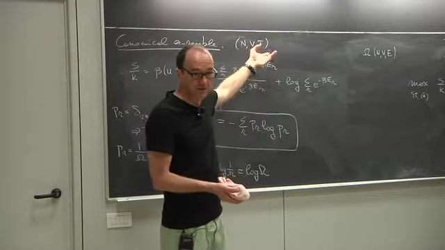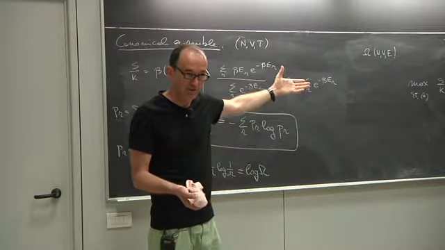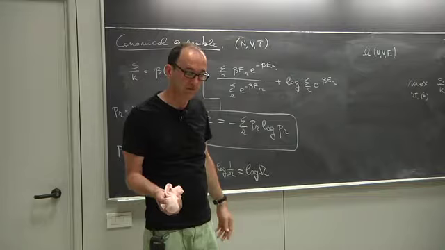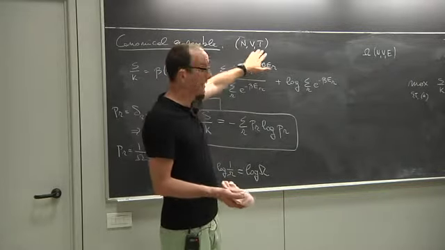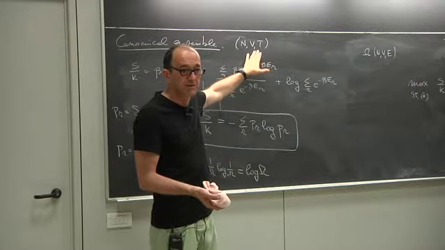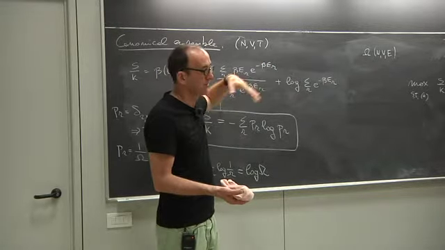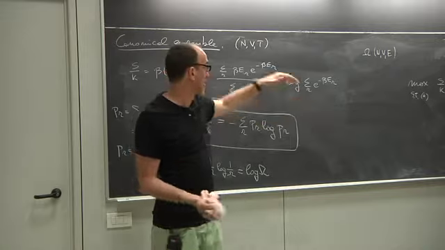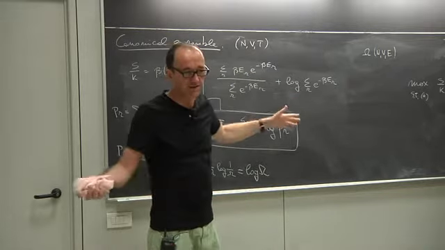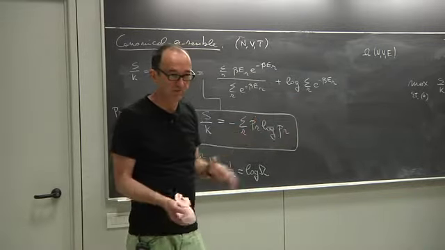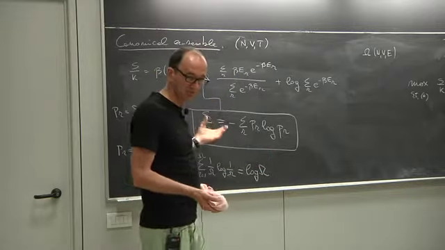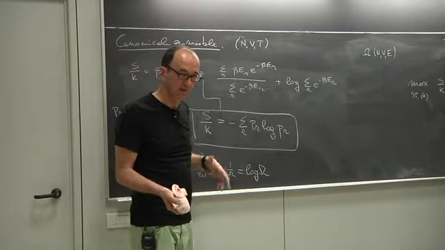This should reflect in the physical condition of my system. So if this is all I know about my system, and all I care about my system, then for me all the microstates which are consistent with this are equally probable. And this is maximal entropy. Okay.